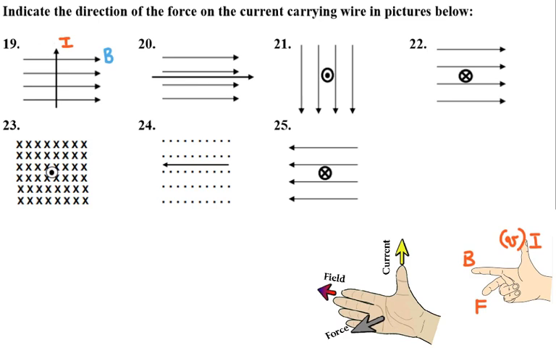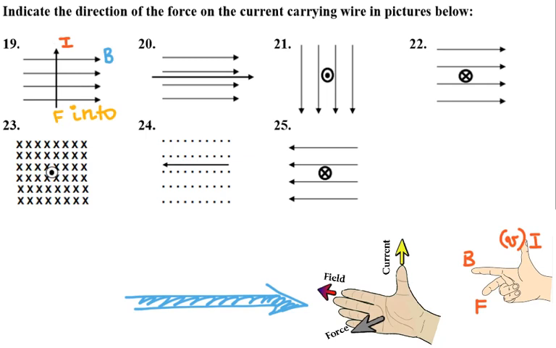If you use this rule, one of those, it doesn't matter which one you like the most, then you will see that if the current is pointing up and the magnetic field lines to the right, then the force is going to be into the page. So the force is into the page.